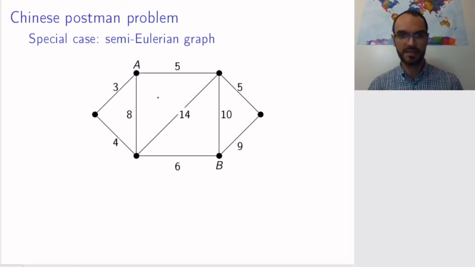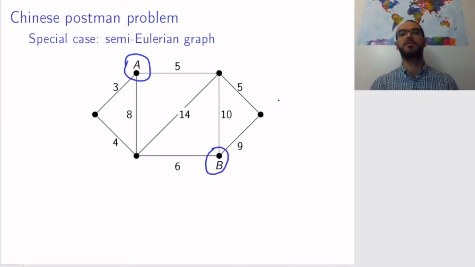So let's look at a more complicated case. This graph is semi-Eulerian. The only troublesome vertices are these vertices labeled A and B. They have degree 3. All other vertices have even degree. Of course, ideally, I would want to build an edge between these two vertices, but as a postman, I can't do that.